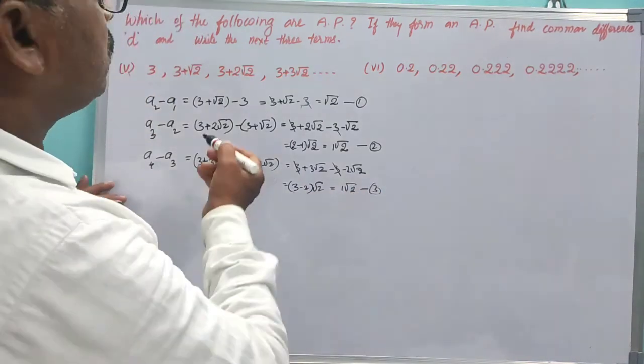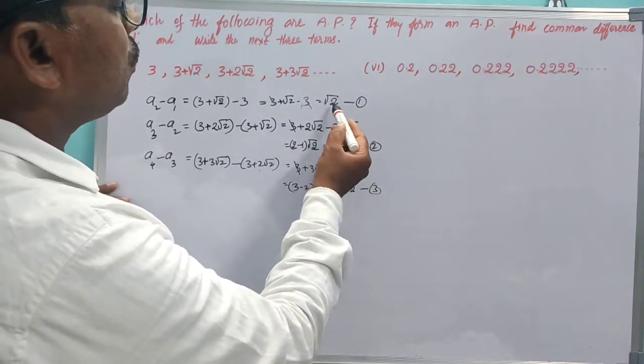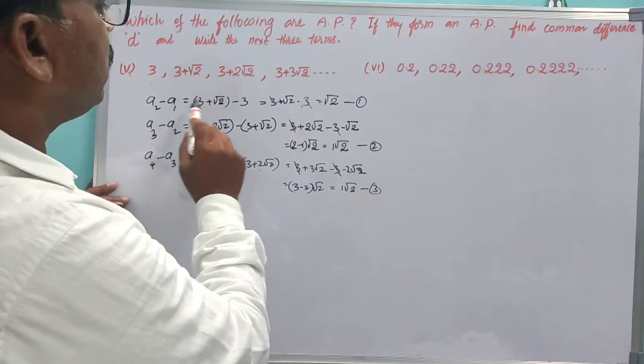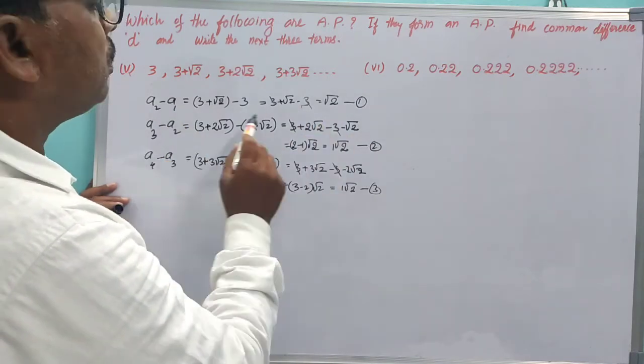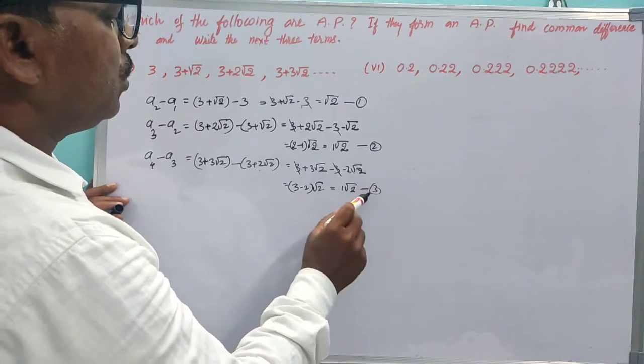Now observe this first one, second one and third one. So a2 minus a1 is equal to root 2, and a3 minus a2 is also root 2, and a4 minus a3 also root 2.